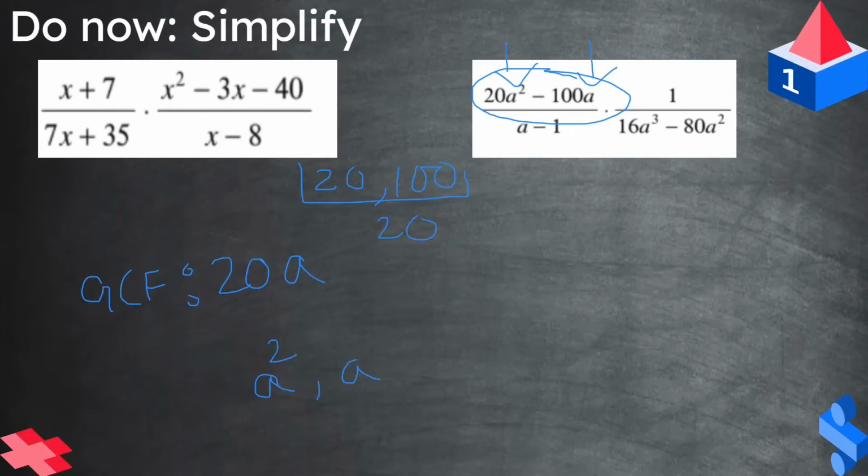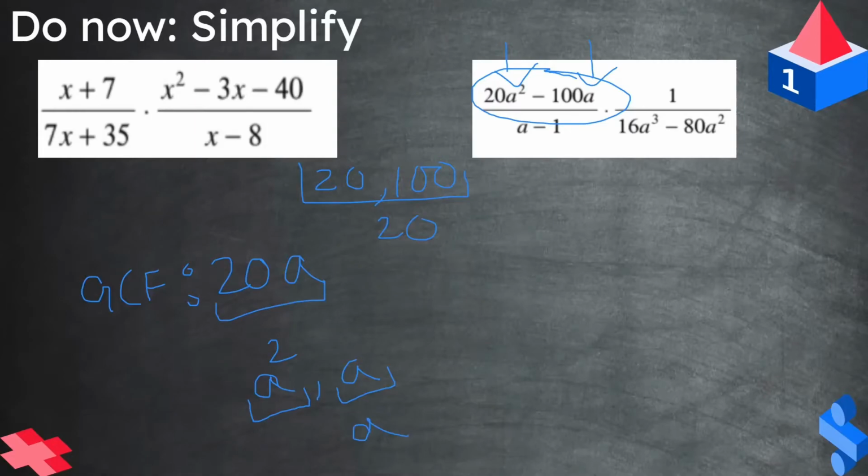If you are trying to find the GCF of a variable that has exponents, always pick the variable with the lowest exponent. So if I have a squared and a, the variable with the lowest exponent is just a, right? So that's why my GCF is 20A, okay?